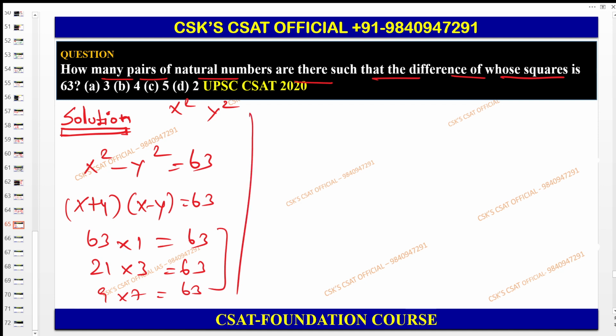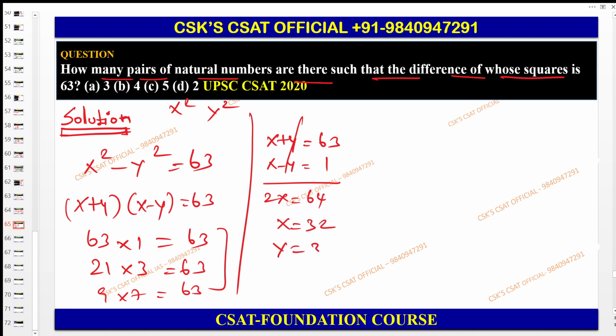Now let us check with the squares. So now listen carefully. x plus y is equal to 63. x minus y is equal to 1. Add these, 2x is equal to 64. So x is equal to what? 32. Right. If x is equal to 32, obviously y is equal to 31.